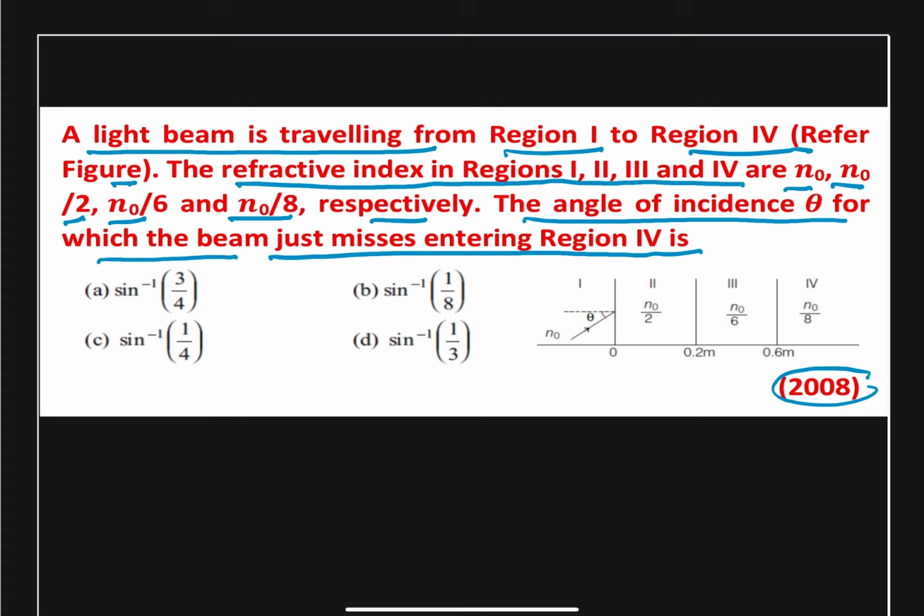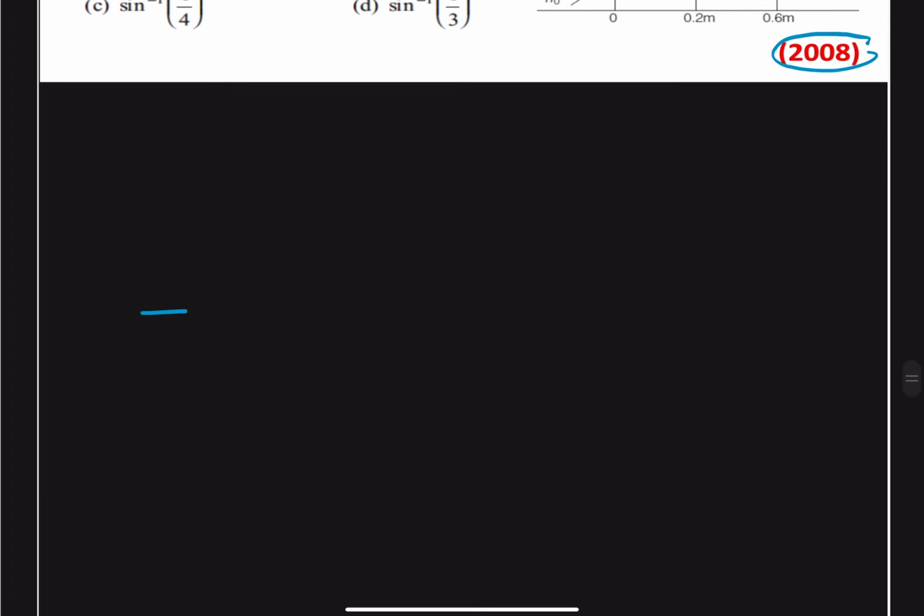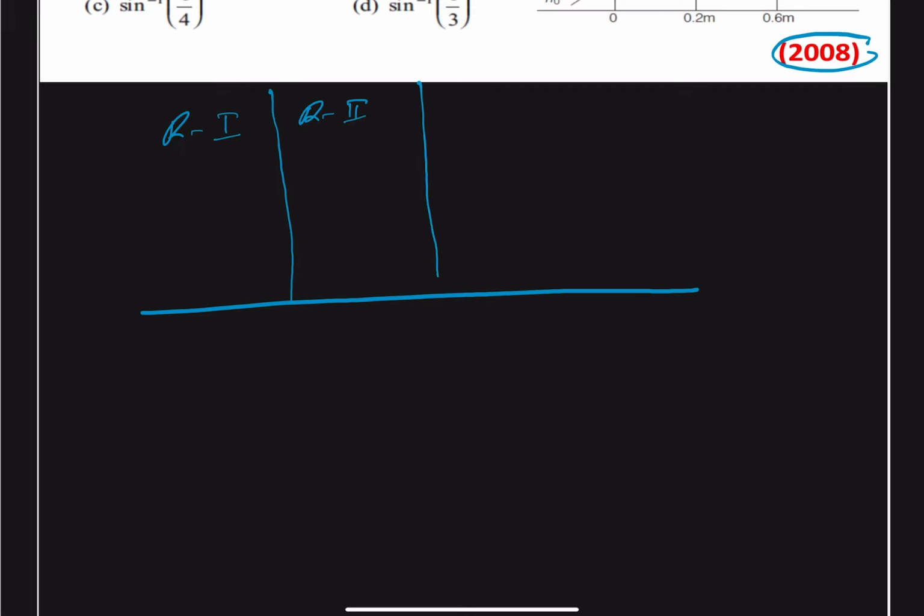Okay. So here the ray should not be able to enter region 4. So there might be some condition for total internal reflection at this particular boundary somewhere here. So we can just draw an approximate figure for that. So this is our region 1, region 2, region 3, and we have this as region 4.